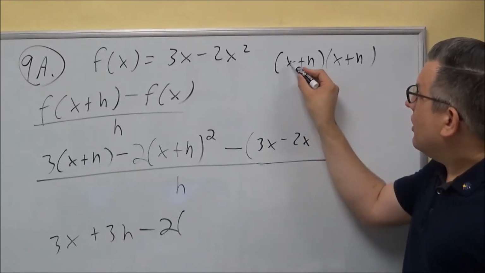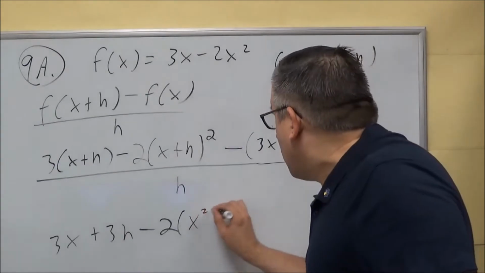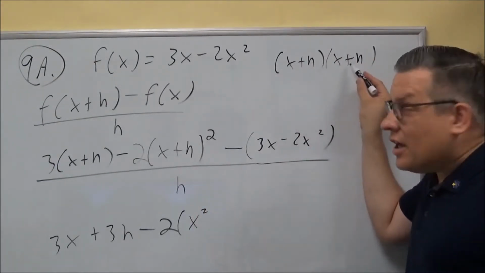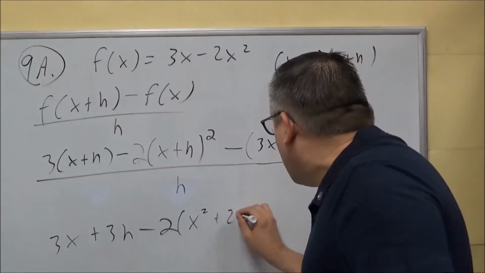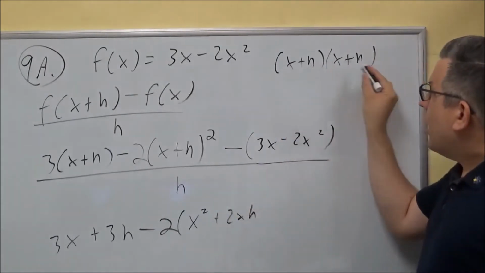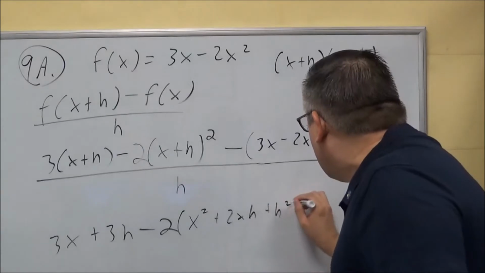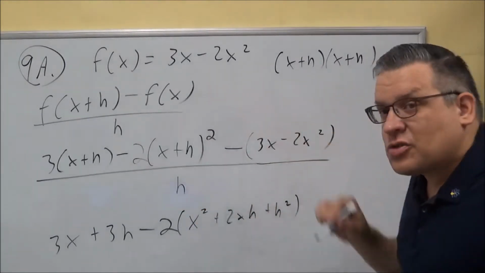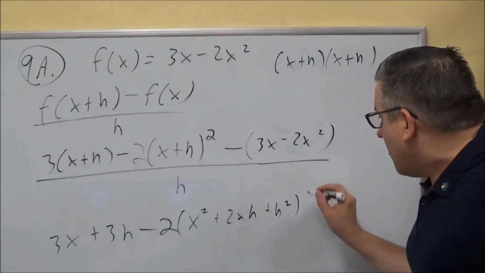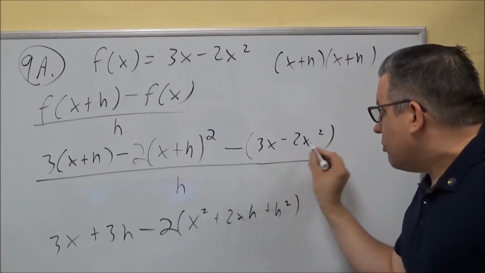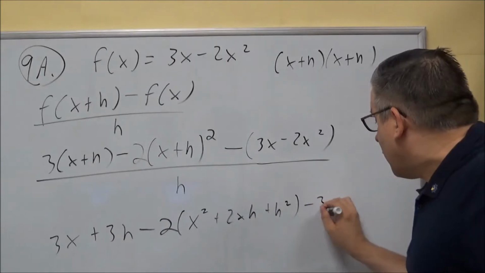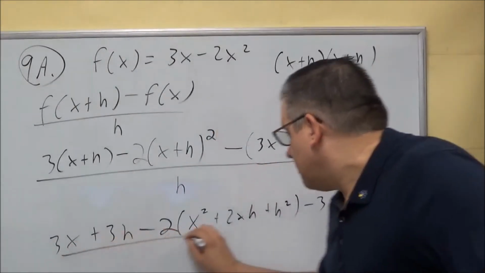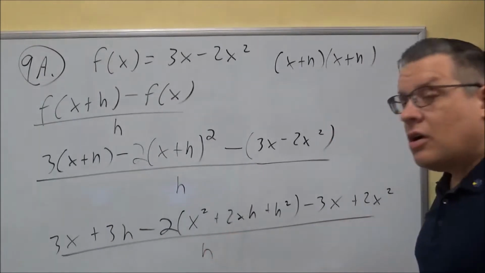So x and x is x squared. Then I'm going to do an xh, and I have another xh here. That's going to give me a 2xh. And then two h's multiplied together is h squared. So this whole thing right here is x plus h quantity squared. Now the minus sign, I'm going to distribute that to here, and I'm going to get negative 3x plus 2x squared. So now I have all this over h.